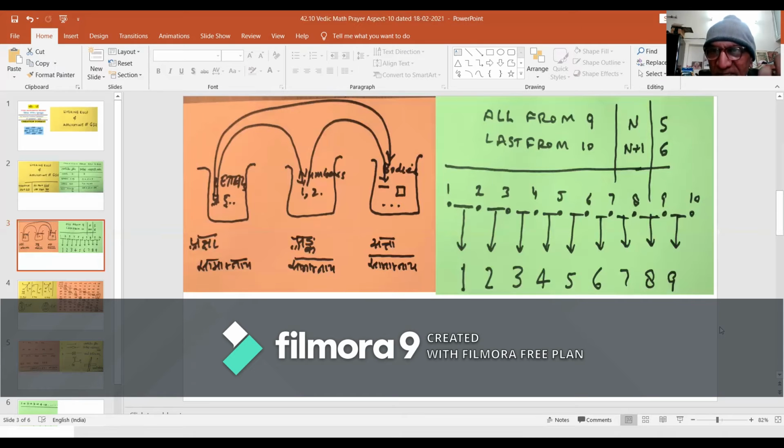So instead of having 1 yard, now we can have 2 yards as a unit, or 3 yards as a unit, or 4 yards as a unit. That way, the unit of Ganita Sutra 1 is value 1. However, the unit of Ganita Sutra 2 can be value 2 or 3, or it can be n itself.